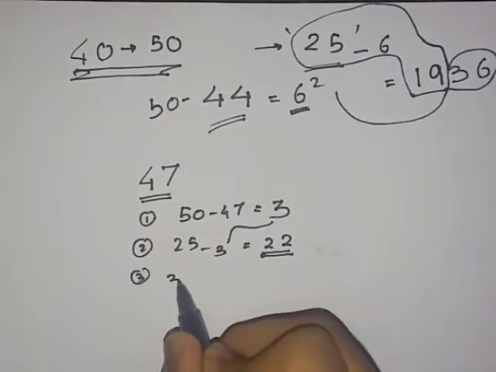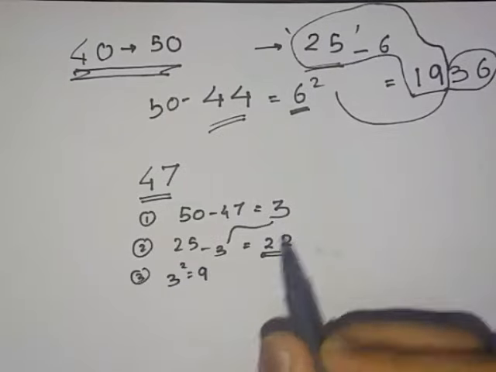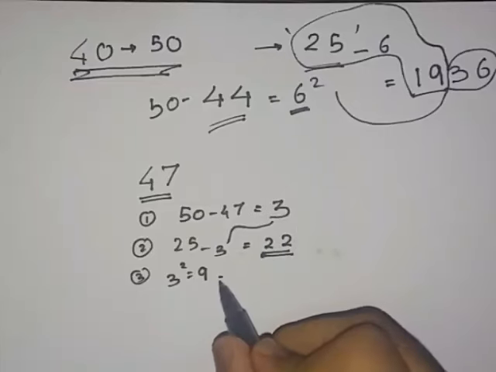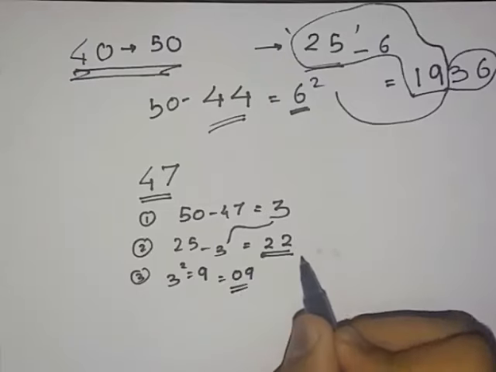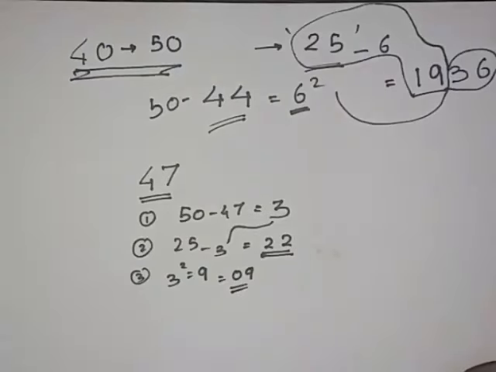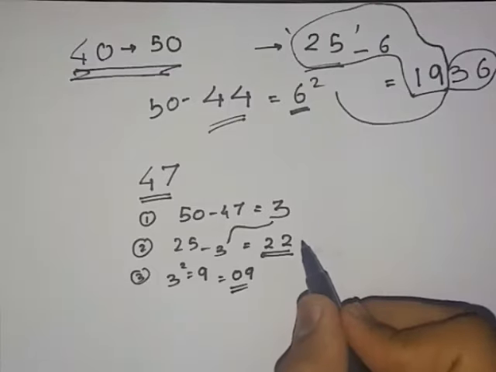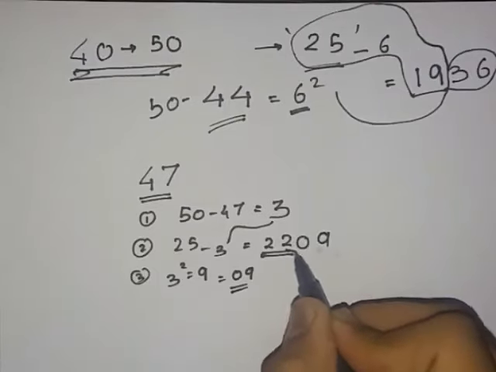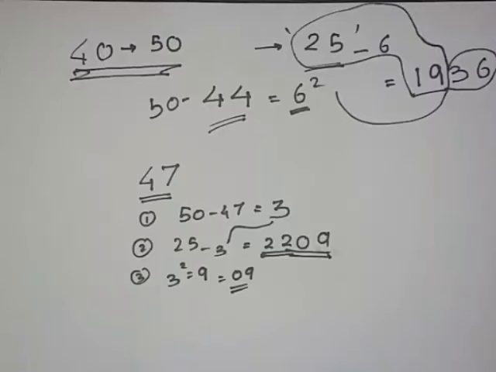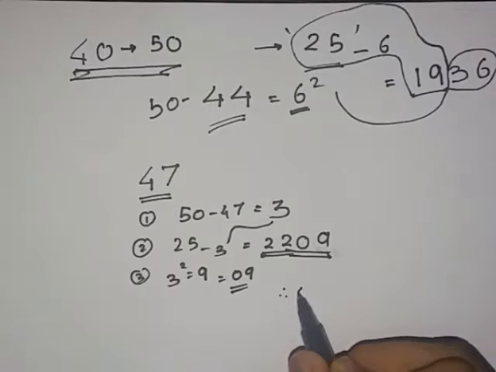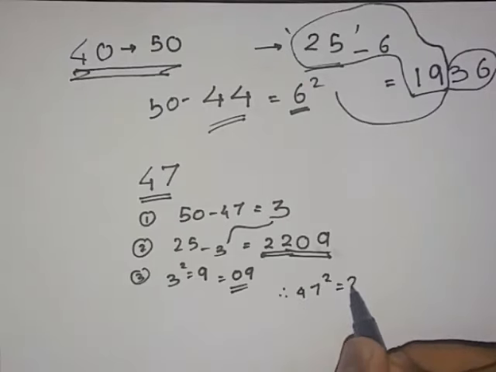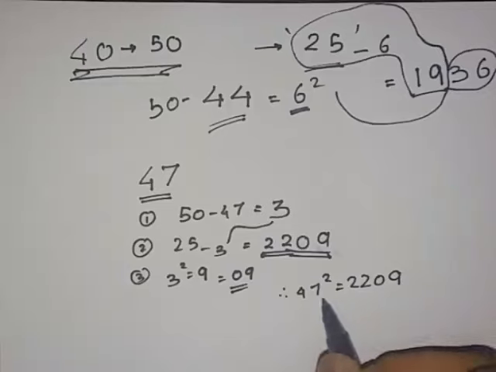Then the third step: 3 square equals 9. If we get one digit, then it is 09, because 229 is not possible for the square of 47. So it equals 2209, the square of 47. So 47 square equals 2209. Calculate it if you want.